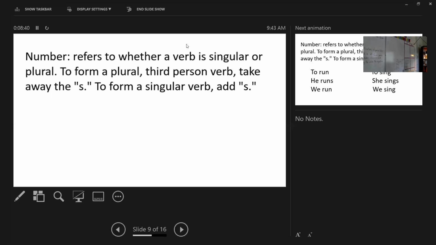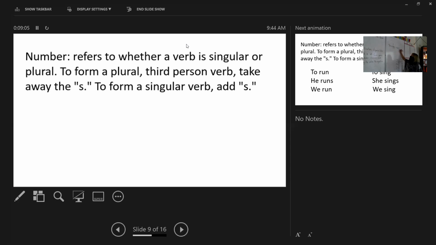Let me give you an example, because I'm mixing it all up. I'm going to do a very simple example, and I use this with my English class. So what is the subject of this sentence? Dog. And what is its number? Right, it's singular, just one dog, okay? Now, the dog runs. This is correct.